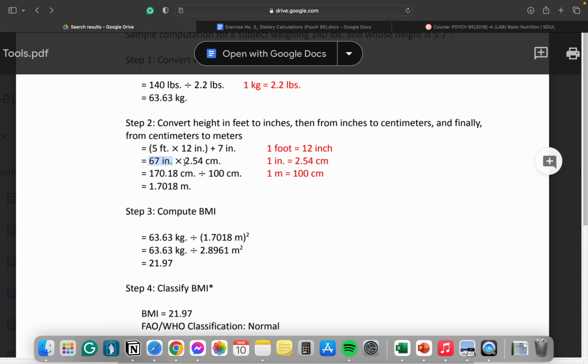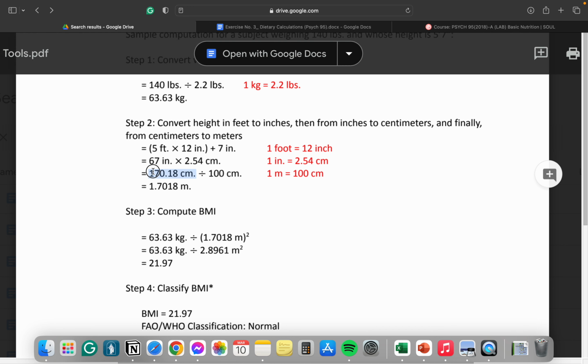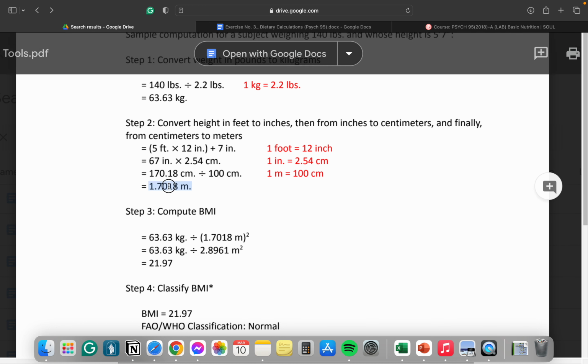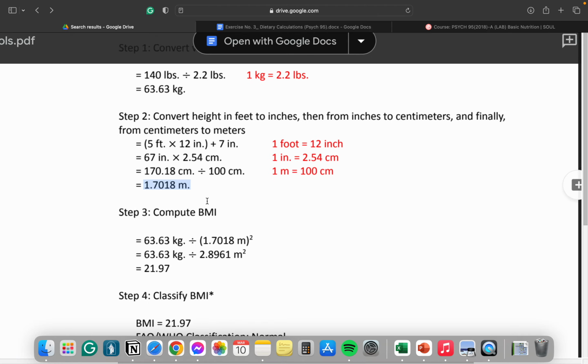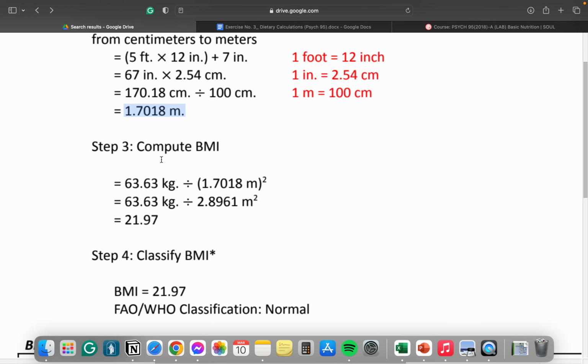Convert that into centimeters by multiplying it by 2.54. We have 170.18 centimeters, and then convert it into meters by dividing it by 100 centimeters, and we have 1.7018 meters. Therefore, now we compute BMI.